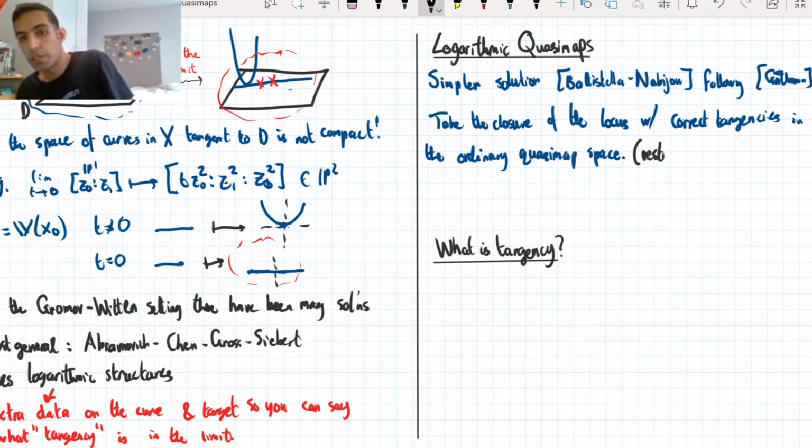Which works, but it's kind of restrictive. So it works when the curve is rational and D is smooth and very ample.